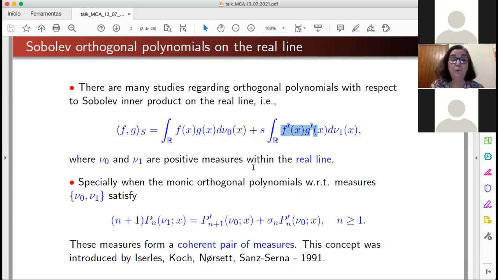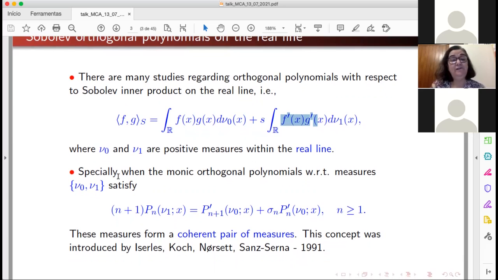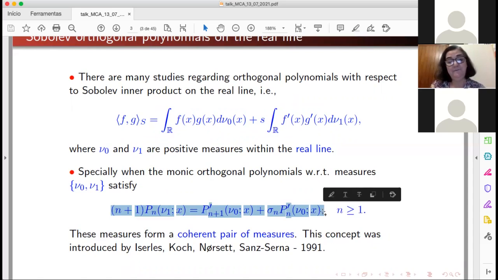When the two measures have this property, the orthogonal polynomial with respect to the first measure, mu 1, can be written in terms of the derivative of two orthogonal polynomials with respect to mu 0.